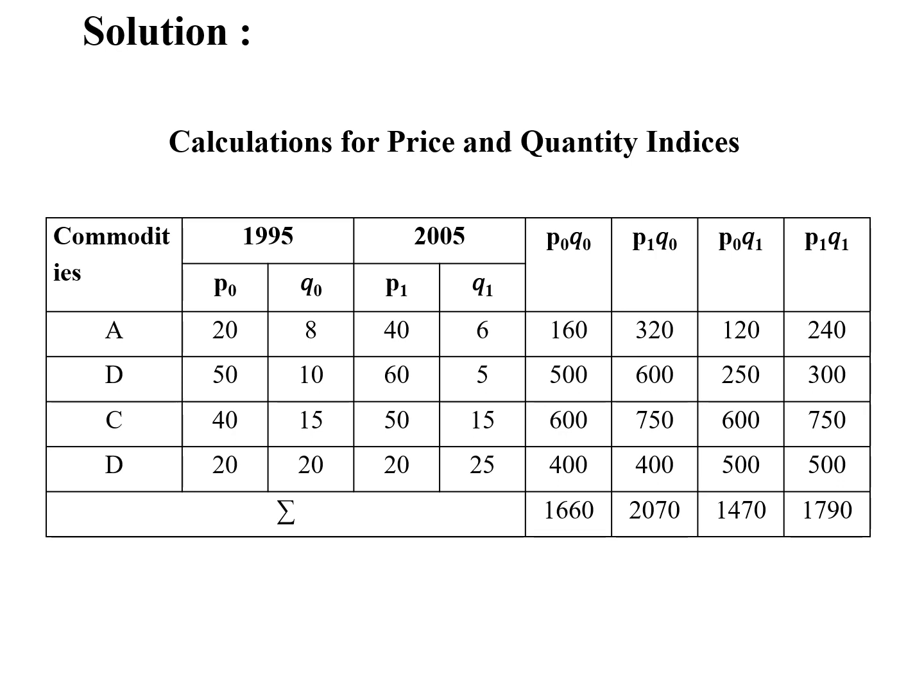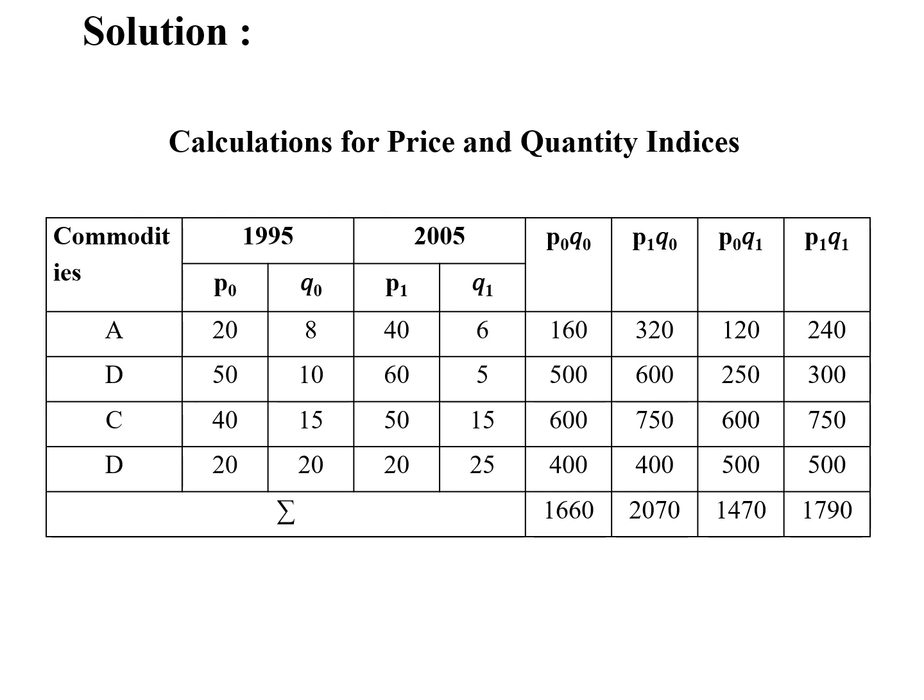Next we need to calculate the time reversal test and factor reversal test. For that we need the sum of P naught Q naught values, sum of P1 Q naught values, sum of P naught Q1 values and sum of P1 Q1 values. For that, first we multiply those values.